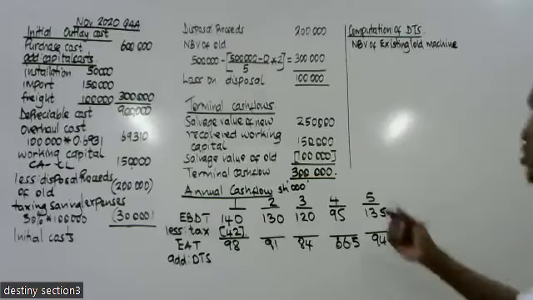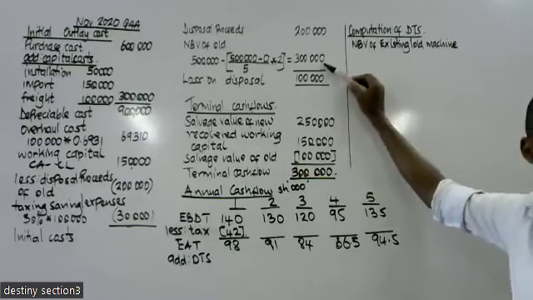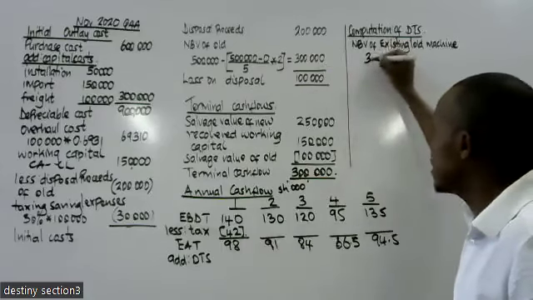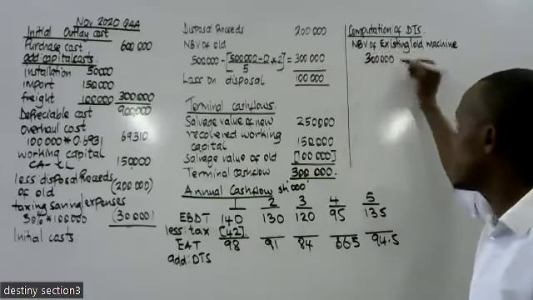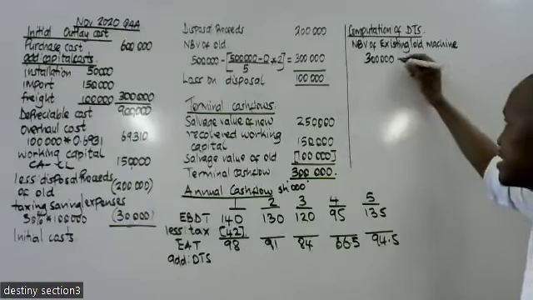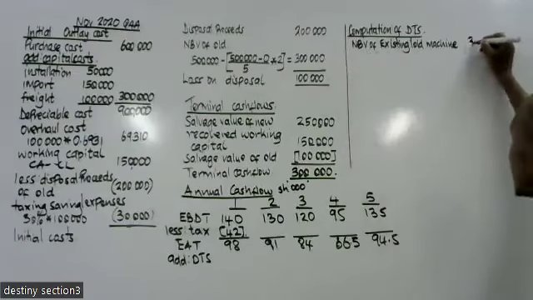And you get the net book value of the old: 301,000. Minus, we already have it here. It's 301,000.